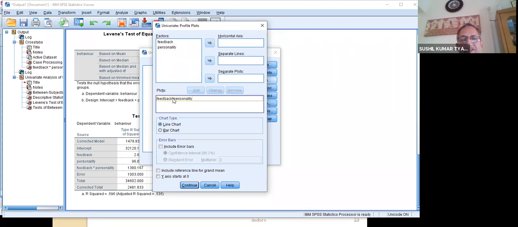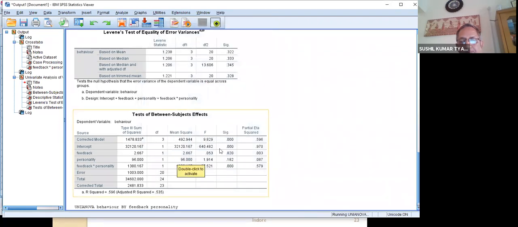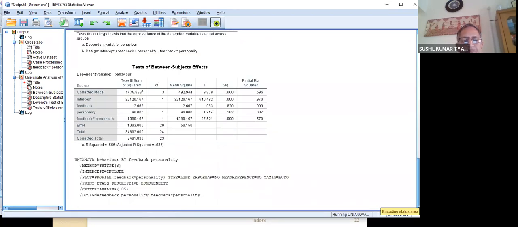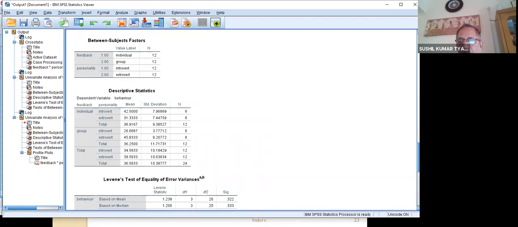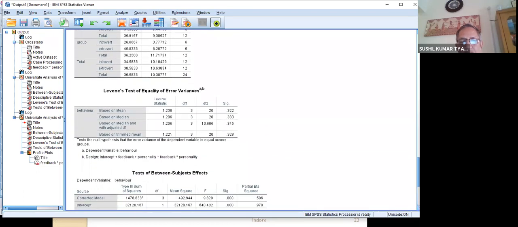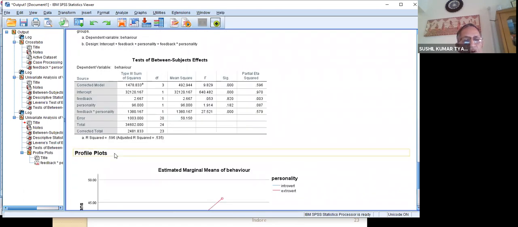The star is multiplication, and we continue. Okay. This is the profile plot. This is plotting.